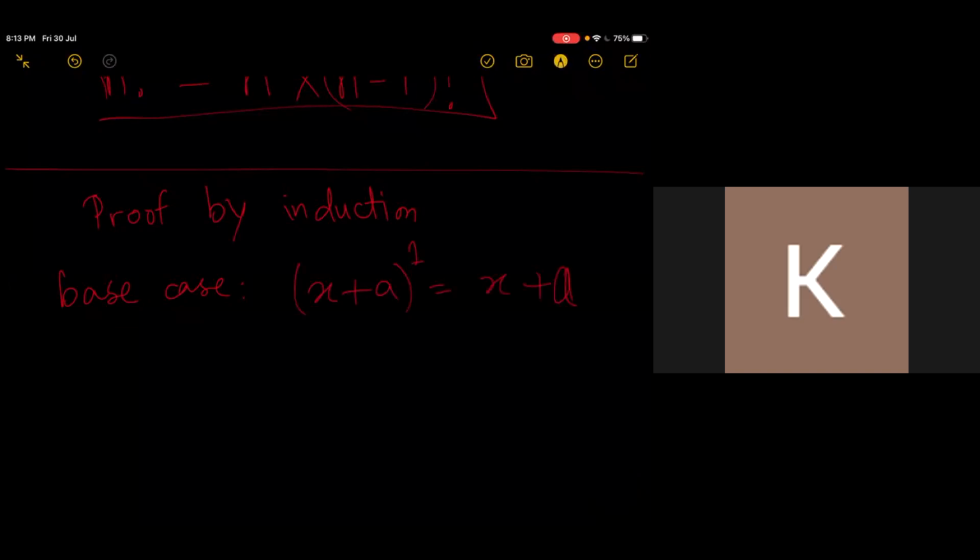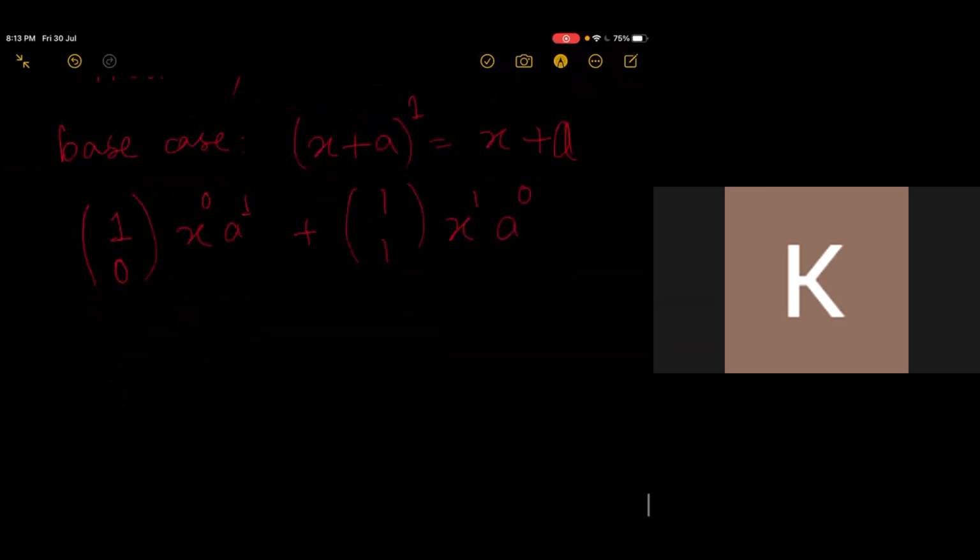What does the binomial theorem tell us? 1C0 x to the power 0 a to the power 1 plus 1C1 x to the power 1 a to the power 0. What is the value of 1C0? 1 factorial by 0 factorial 1 factorial. This is 1. So this term is 1 into x to the power 0, which is 1, into a. So this is simply a.